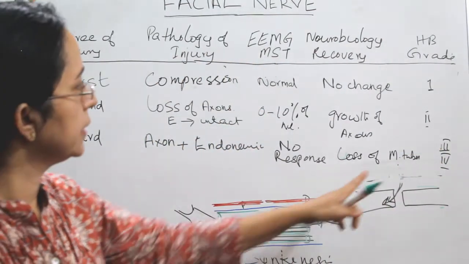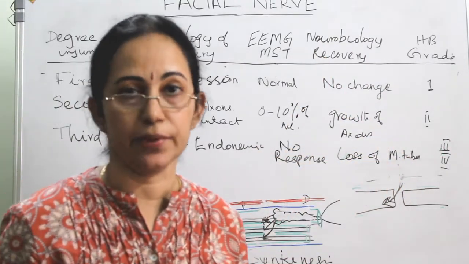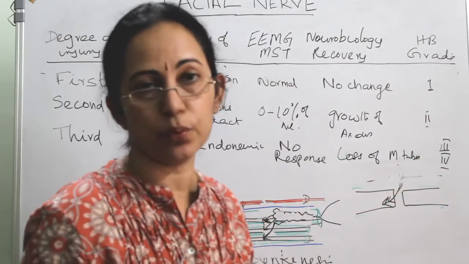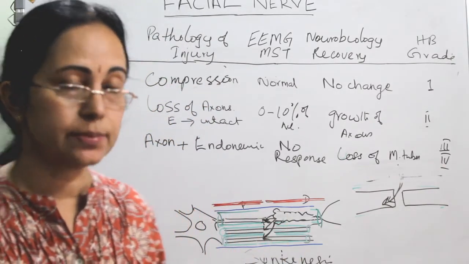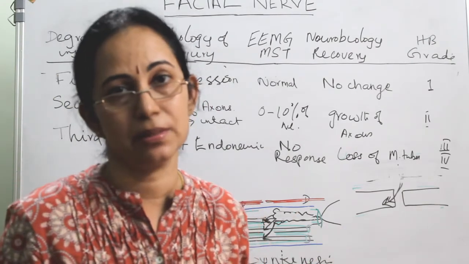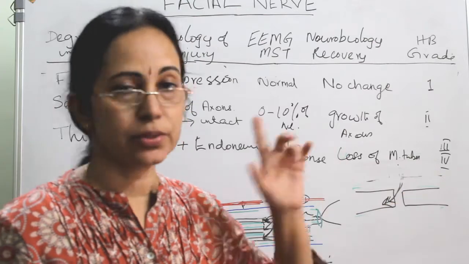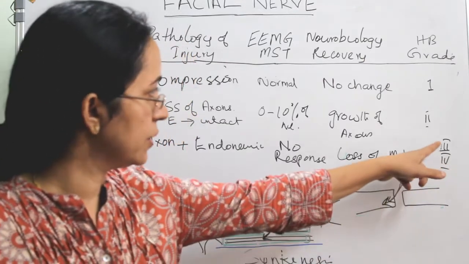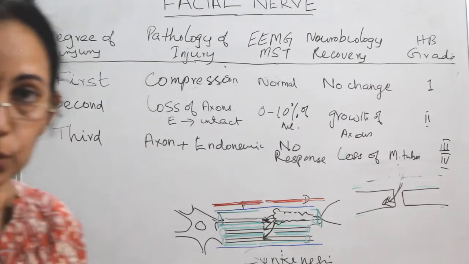Grade 3 is an obvious weakness, but it is not disfiguring. It is moderate dysfunction. In grade 4, there is obvious weakness and it is disfiguring: a moderately severe injury causing weakness which is obvious and disfiguring. These grade 3 or 4 can happen with the 3rd degree injury. Hope you got it.